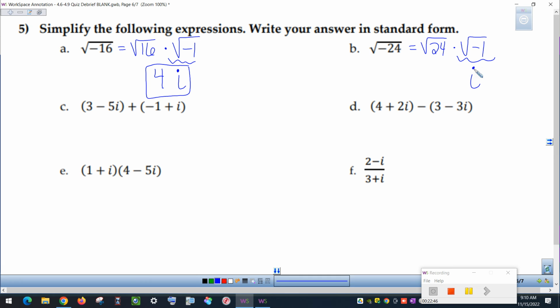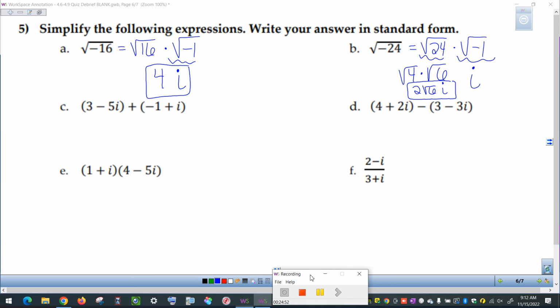And so this could actually be split into square root 4 times square root 6. 4 times 6 is 24. And we split it in this way because I'm trying to find something that I could take the square root of. And the square root of 4 is 2. So I can actually write this as a 2 in front of the square root of 6, and then just keep the i on the end. So that's as far as that one is able to be simplified.